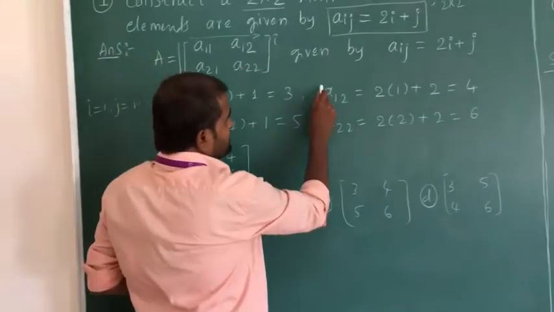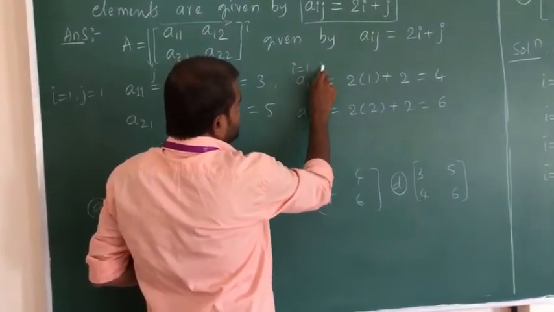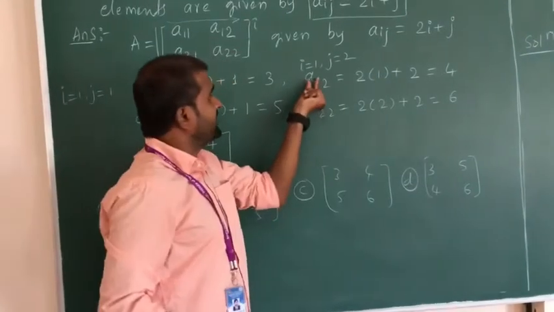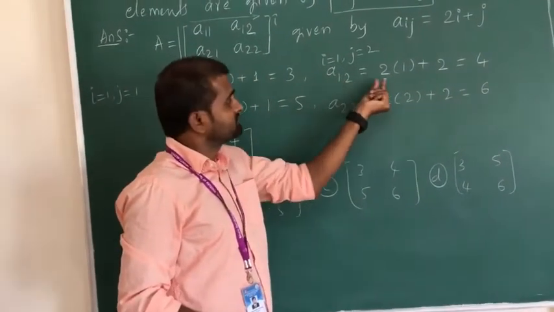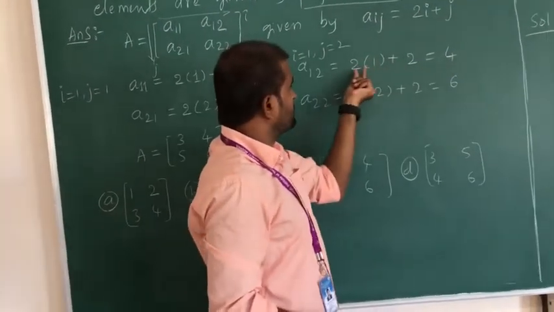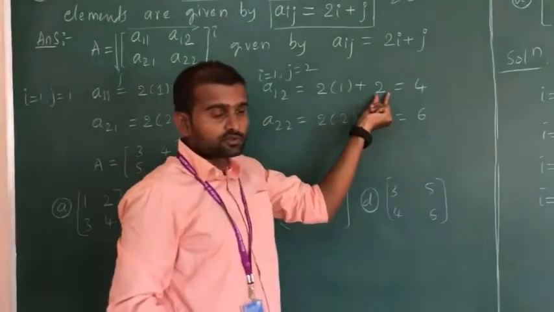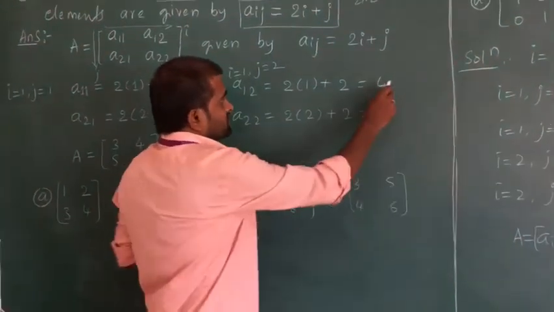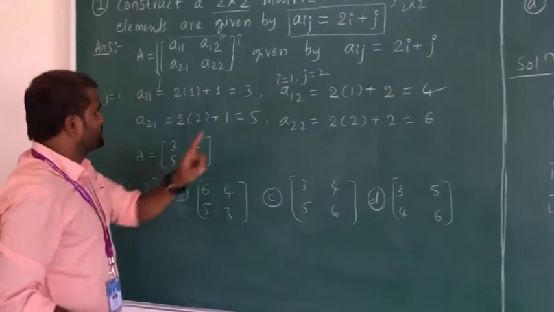Similarly, for i is 1, j is 2: 2 into 1 is 2, plus 2 is 4, so A12 is 4.